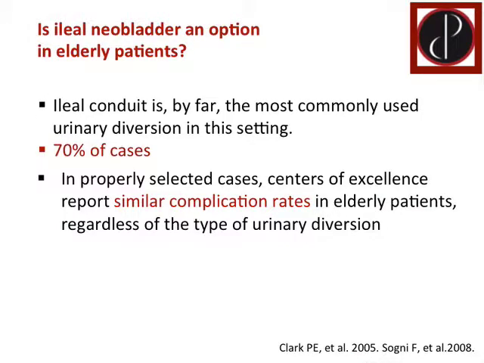What about ileal conduit or ileal neobladder in this group of patients? We know that 70% of our patients get an ileal conduit, but there are 2 studies by Clark and Sogmi that looked at properly selected patients in centers of excellence, and they reported similar complication rates no matter what the diversion is.